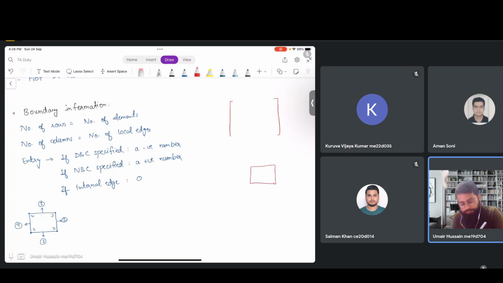Okay, then suppose we are going for this element. If any of the edges is internal, suppose these two edges are internal, that means they are not on the boundary. That means there is no boundary condition applied. We just fill them with zero.